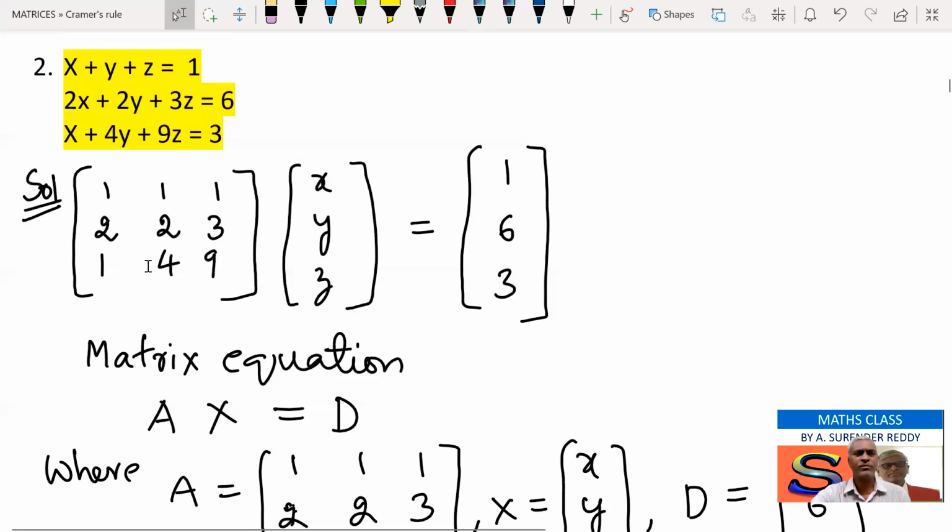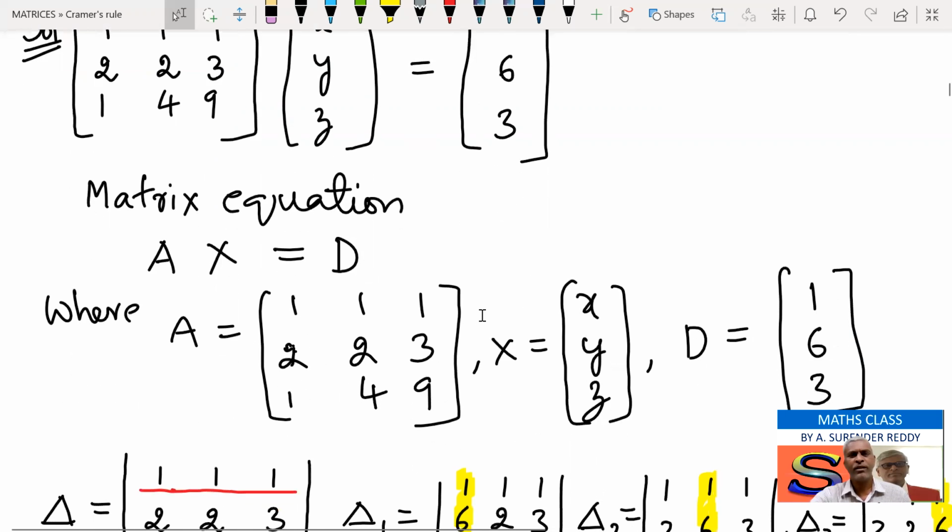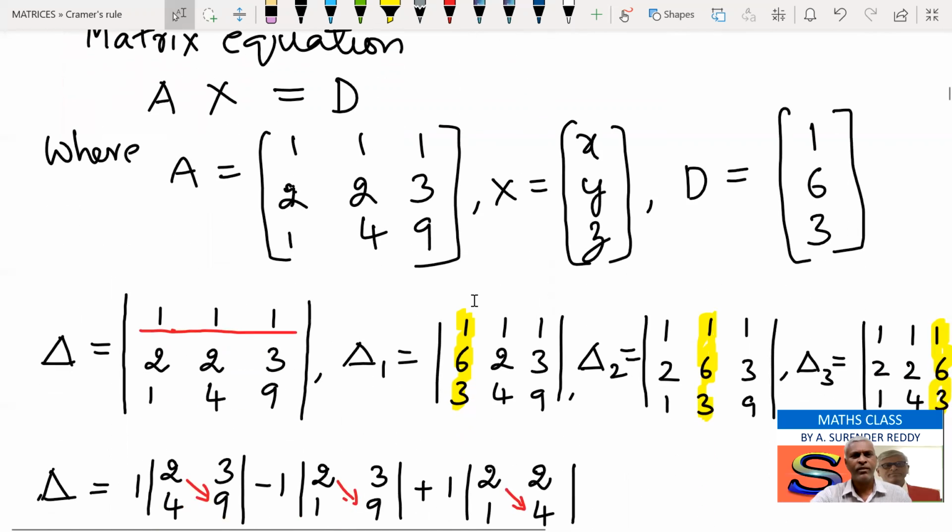So this is the first matrix, the x, y, z second matrix, and 1, 6, 3, the constants is the third matrix. So name the first matrix as A, second matrix as X, and third as D. See, this AX is equal to D is the matrix equation, where A is equal to this one, X, D.